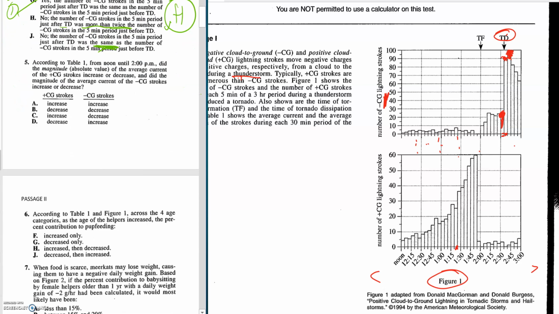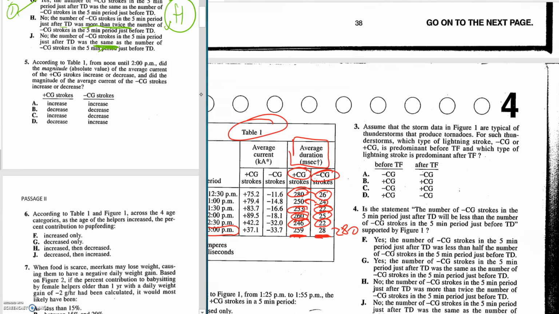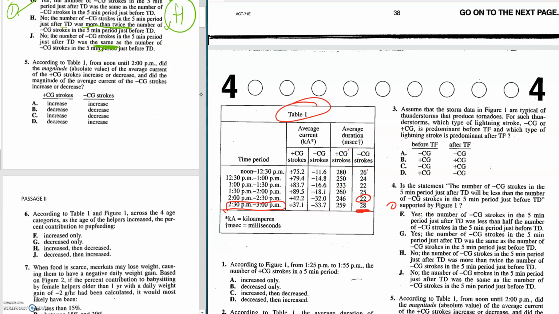All right, number 5, according to table 1. So we're going to have to go down to the next page. And I'll get rid of all of that before we start. Right, so according to table 1, that's going to be our first step: go there.